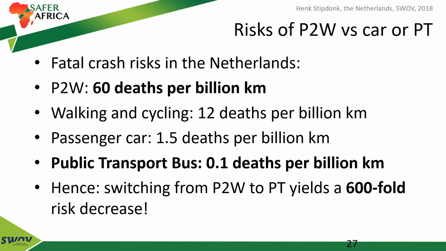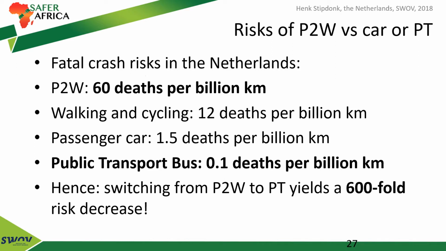In between are walking and cycling with 12 deaths per billion kilometers. And then we have public transport in buses, so not trains but buses, so it would be road public transport. In the Netherlands we have 0.1 deaths per billion kilometers traveled as a passenger of a public transport bus.